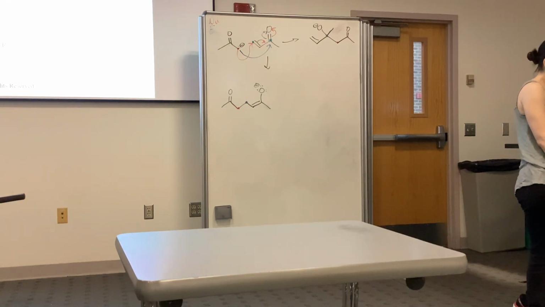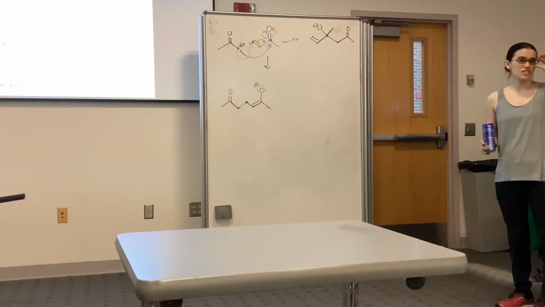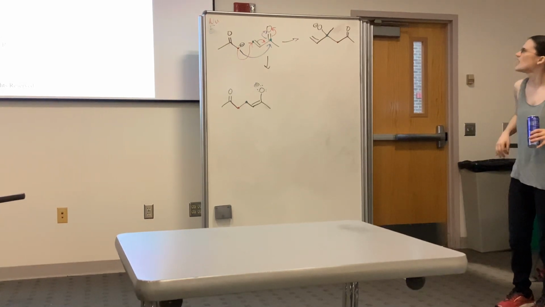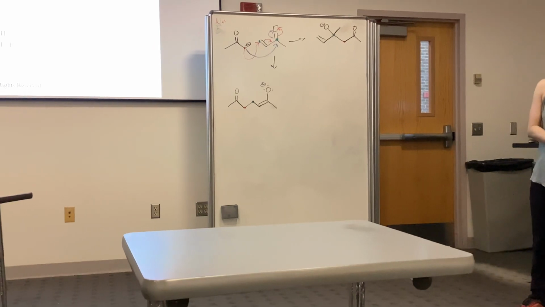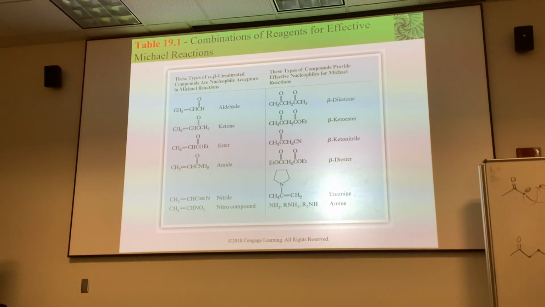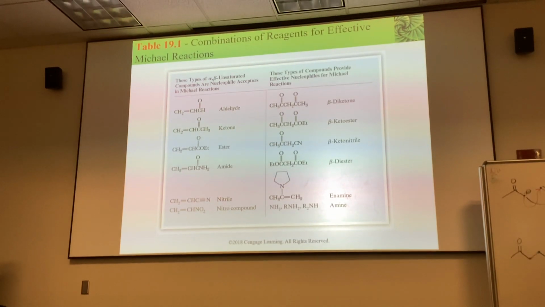Okay, what do we do with this information? How do we know what happens in what situation? Or why are we even talking about one or the other if only one of them happens? So, see combinations of reagents for effective microreactions. Most of the time they have these nice beta diketone, ketoester, ketonitrile, diester, whatever it is, they're two carbonyls beta to each other, right?